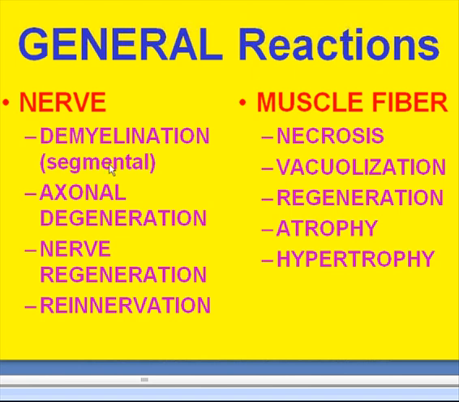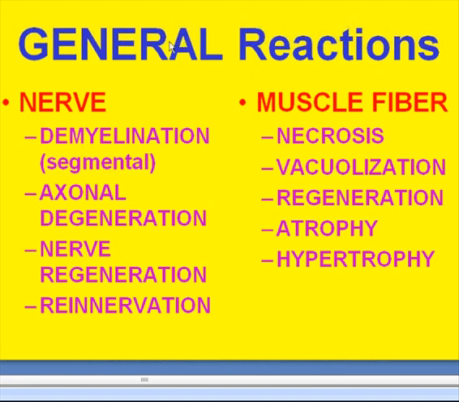No matter what specific disease we're going to be talking about today, we're going to be talking about processes that are non-specific and may occur very notably in a variety of neuropathies and myopathies.